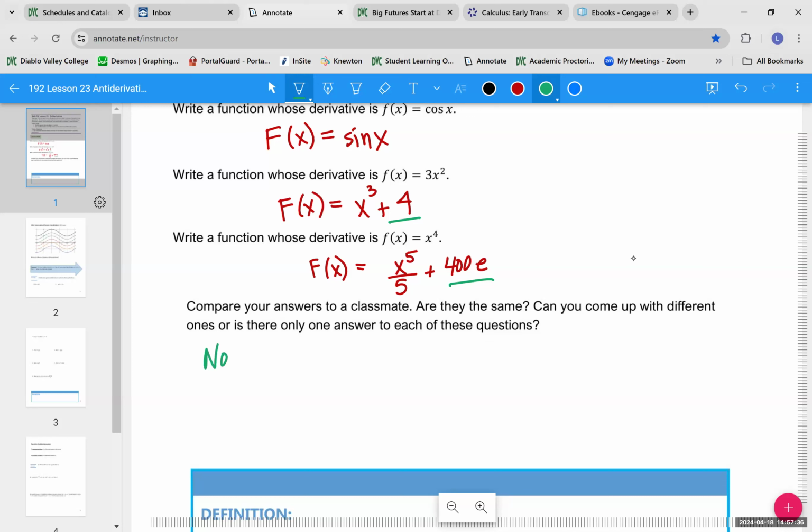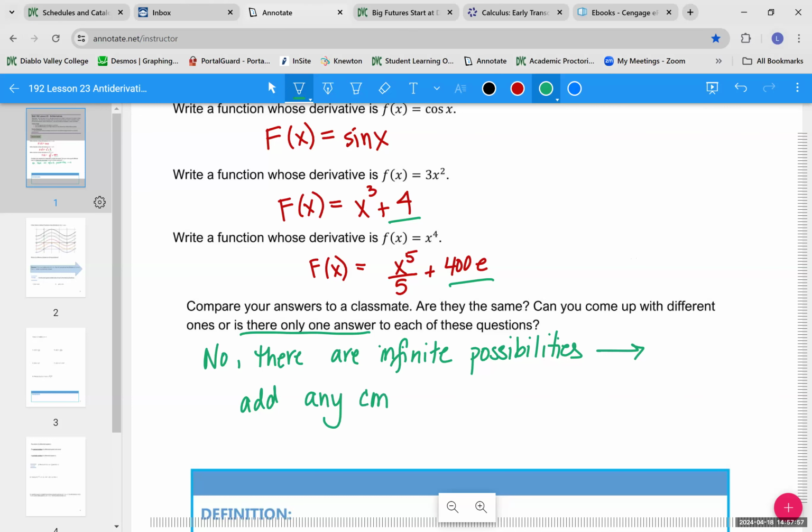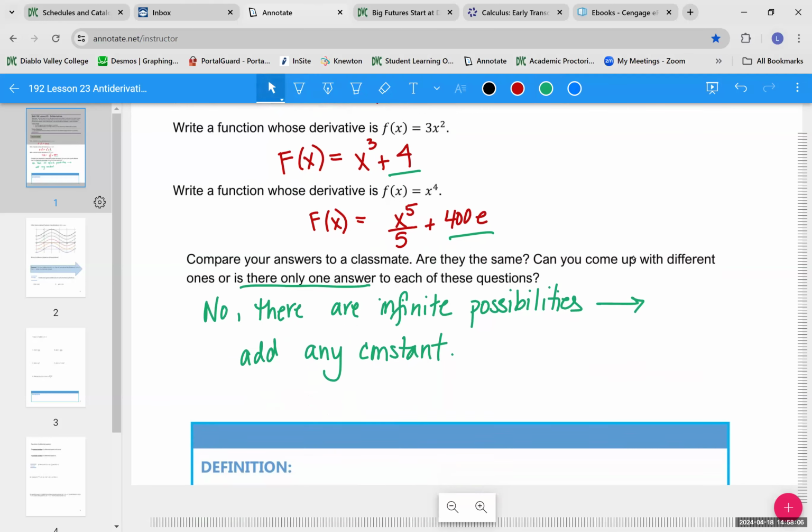So the answer is no, there is not only one answer; there are infinite possibilities. The key is that you could add any constant, since the derivative of a constant is 0, so it's not going to change your derivative. So it gives you a lot of options.